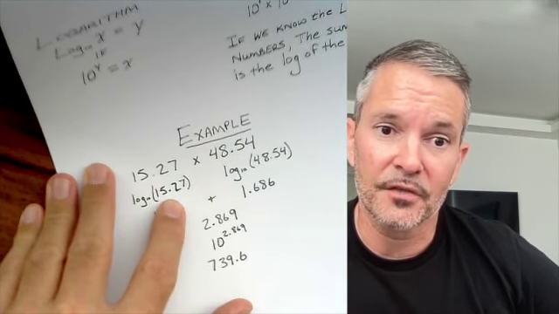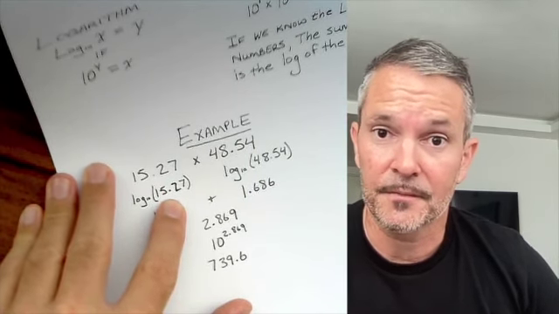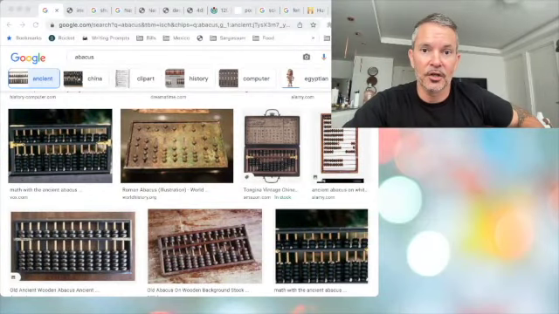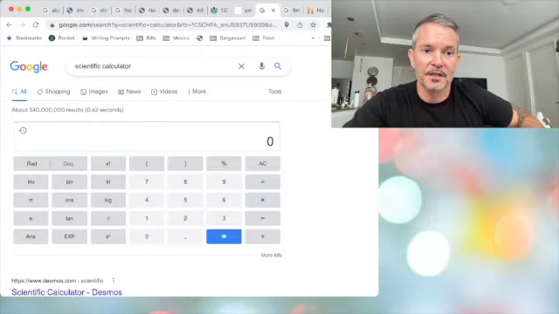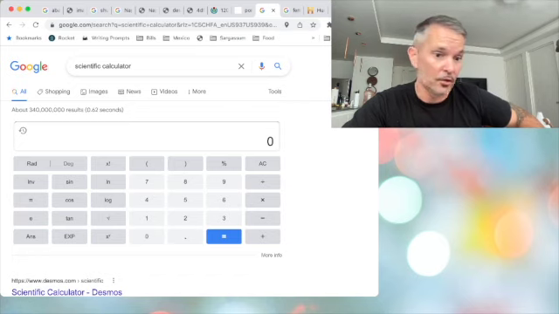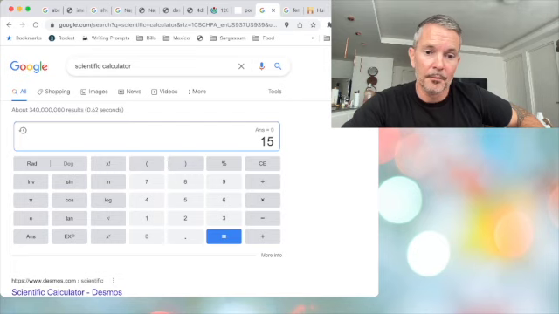So what is the log of 15.27? Well, to make this super easy for us, I'm just going to pull open this scientific calculator on Google and enter in 15.27 and take the log of that. Oops, I obviously didn't use this calculator correctly. One second.